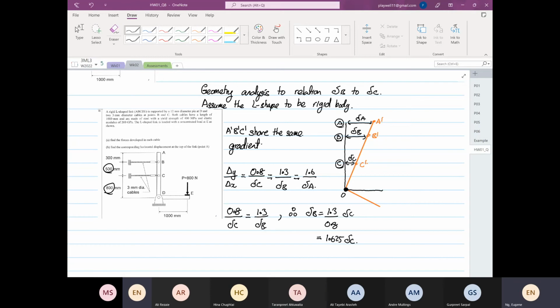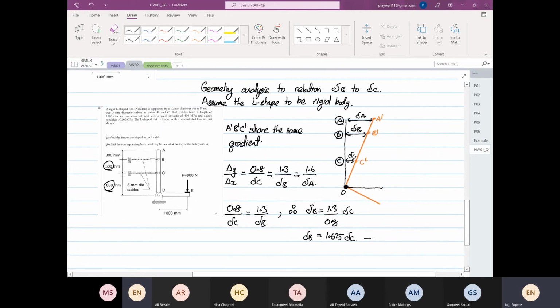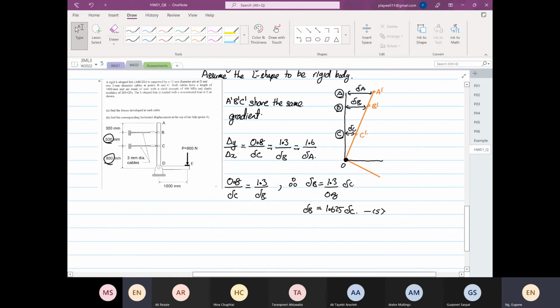Okay. So 1.3 divided by 0.8, 1.625 delta C. So we have a relationship where delta B is equal to, okay, from here, this is our equation 5. So we're going to substitute 3 and 4 into equation number 5.